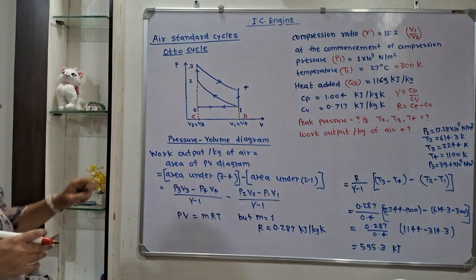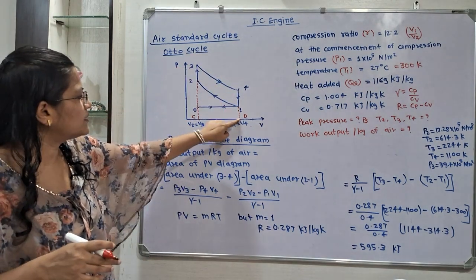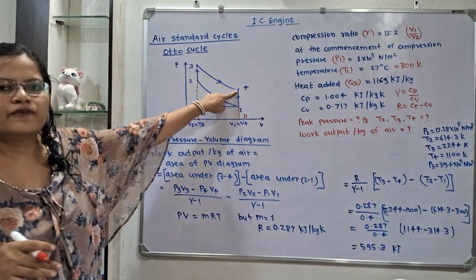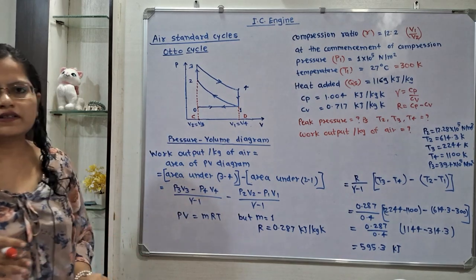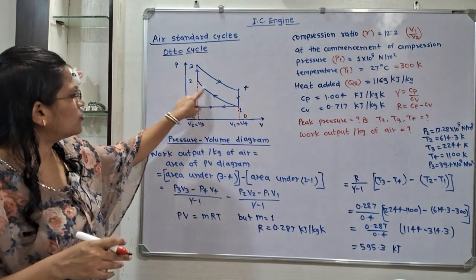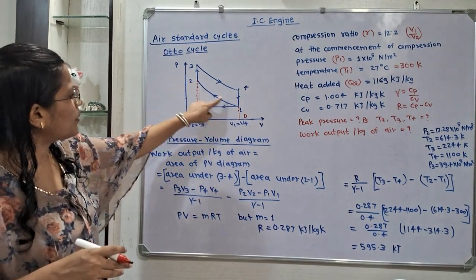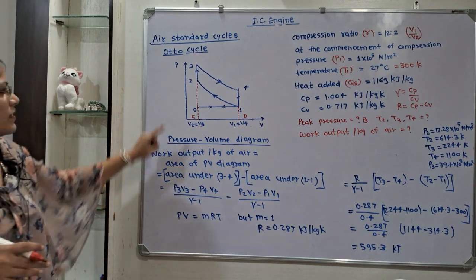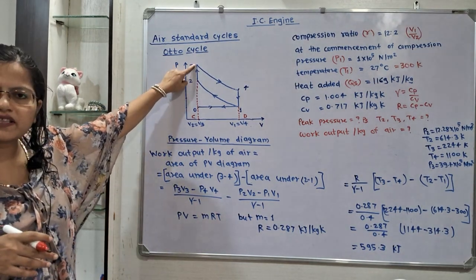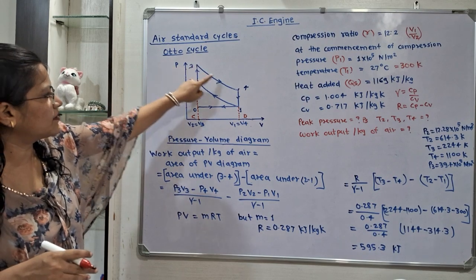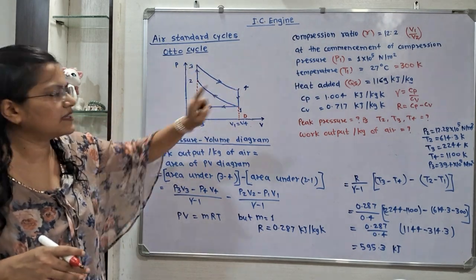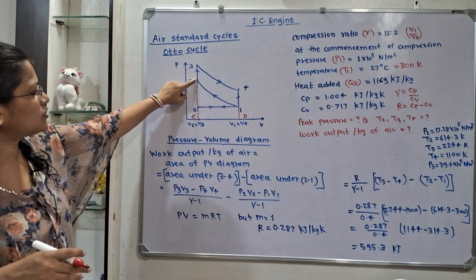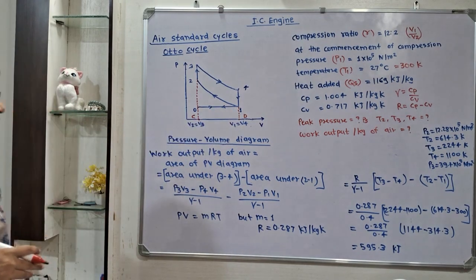So how to calculate this? Area 3 4 D C is equal to (P3 V3 minus P4 V4) divided by gamma minus 1, and area under 2 to 1 is (P2 V2 minus P1 V1) divided by gamma minus 1. If we observe, why take P3 V3 first? Because the point 3 pressure is higher than the point 4, and why take P2 V2 first? Because the point 2 pressure is higher than point 1.